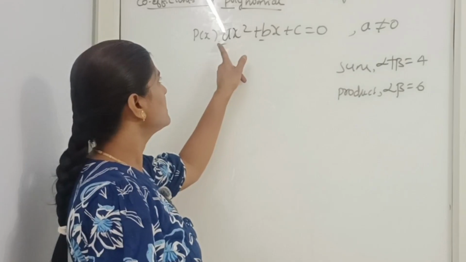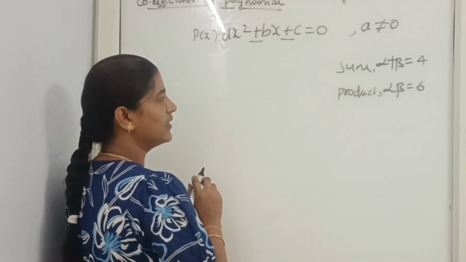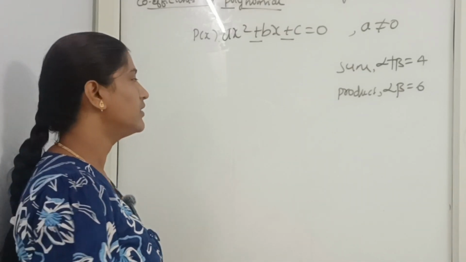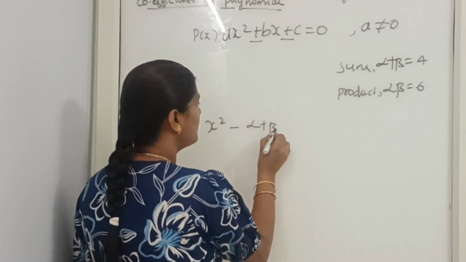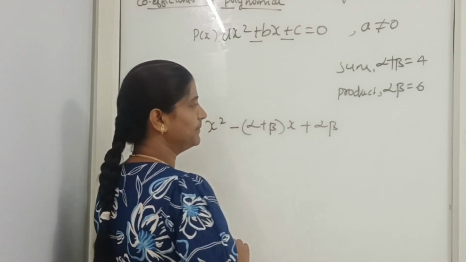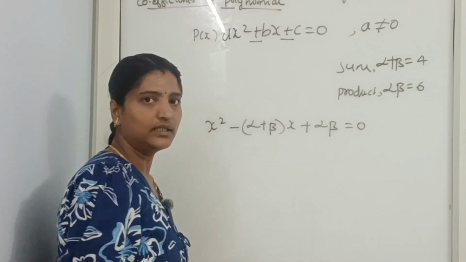Based on the general equation, all the signs are positive. But if they ask us to do it by giving sum and product, one more formula is there: x square minus alpha plus beta into x plus alpha beta is equal to 0. You can write it. Okay. Clear?